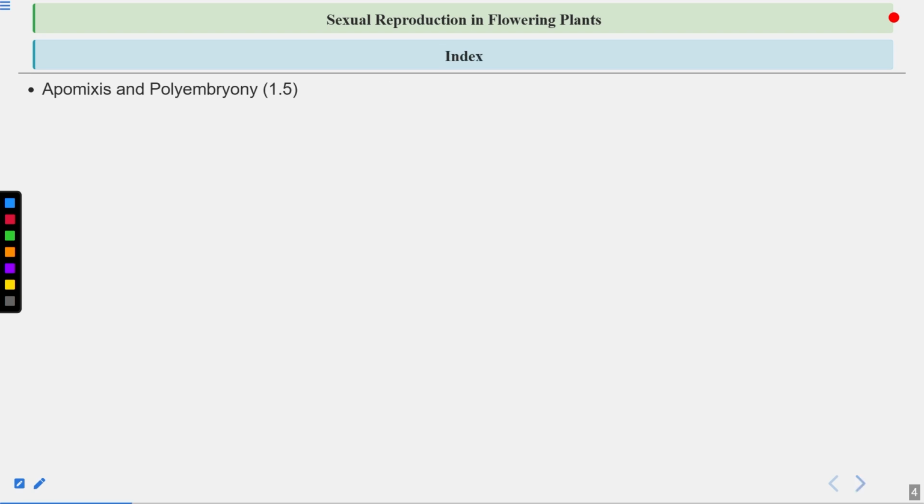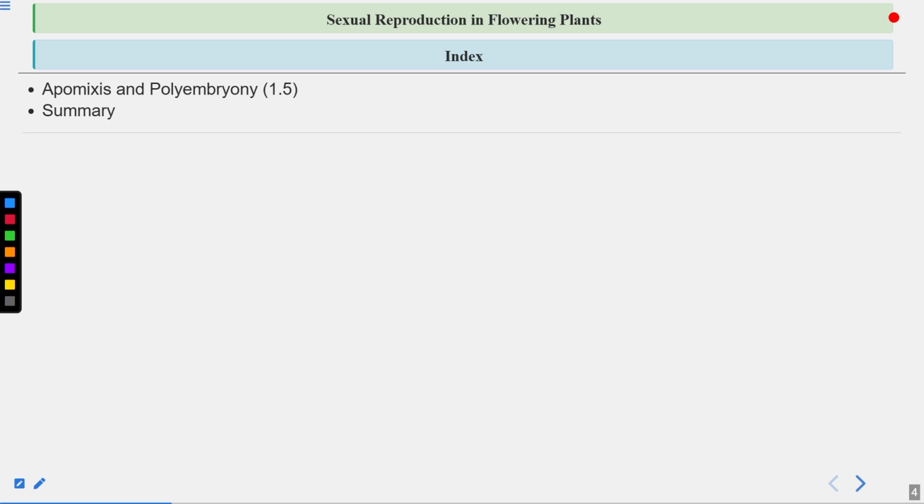So, index: apomixis and polyembryony, this is topic 1.5 of the NCERT book, and later on we will summarize the chapter as well. Till here we have discussed 1.1, 1.2, 1.3, 1.4. In that, we have discussed the male reproductive organ.